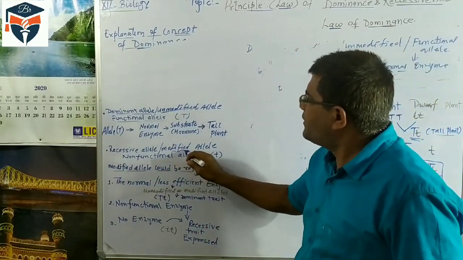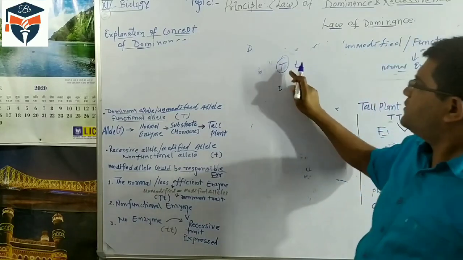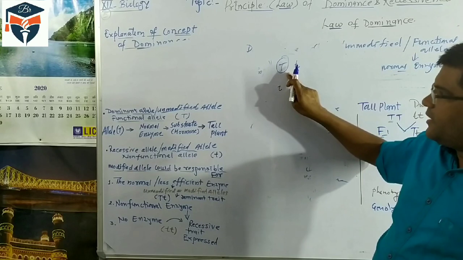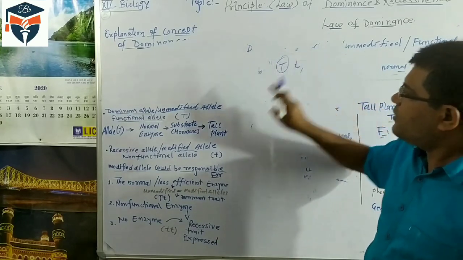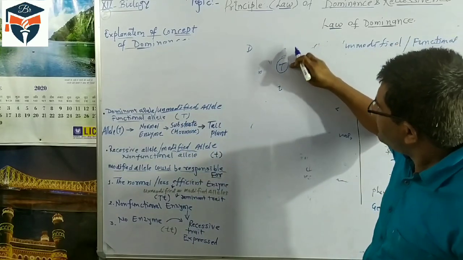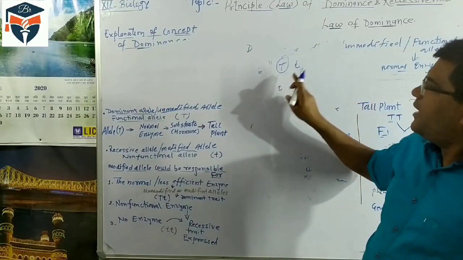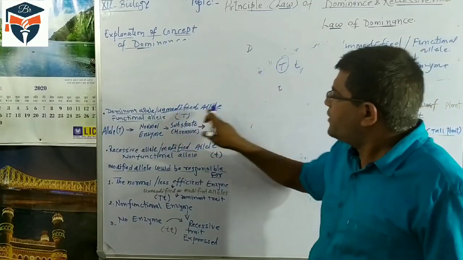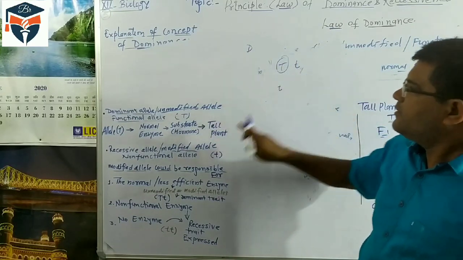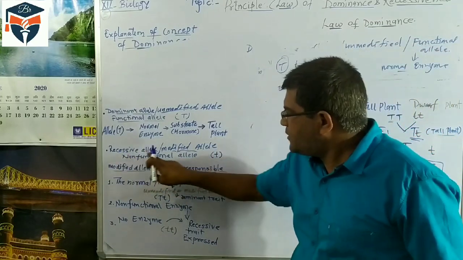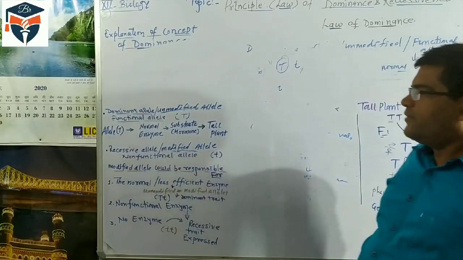Why is it called the modified allele? Capital T and small t differ in function: capital T synthesizes more enzyme and is the dominant allele, but the function of the small t allele is different from the capital T allele. That is why capital T is called the unmodified allele, and the one whose function is different is called the modified allele. So the recessive allele is the modified allele, also called the non-functional allele.